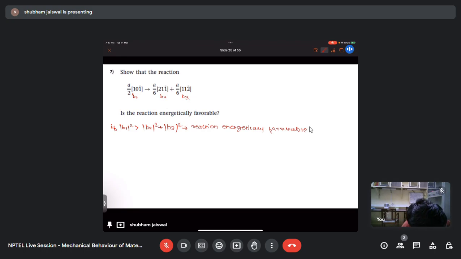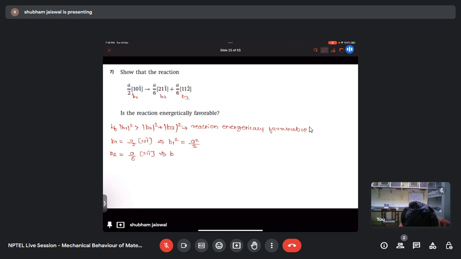We have B1 as a by 2, 101, 101 bar. This gives us B1 square as a square by 2. Similarly, we have B2 as a by 6, 211, 211 bar.